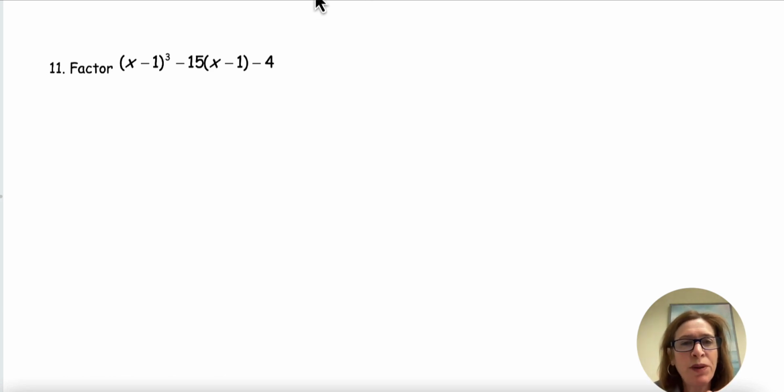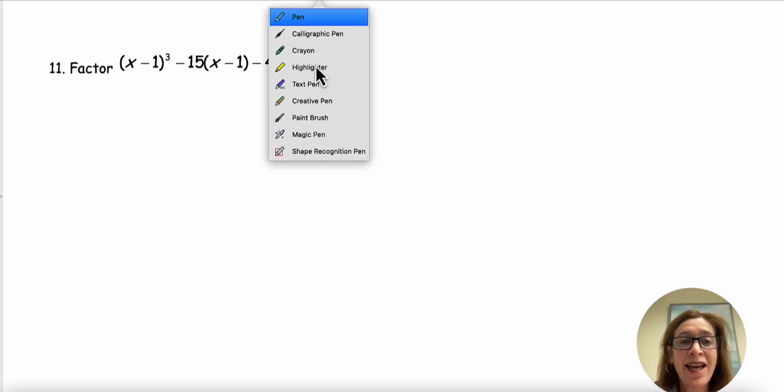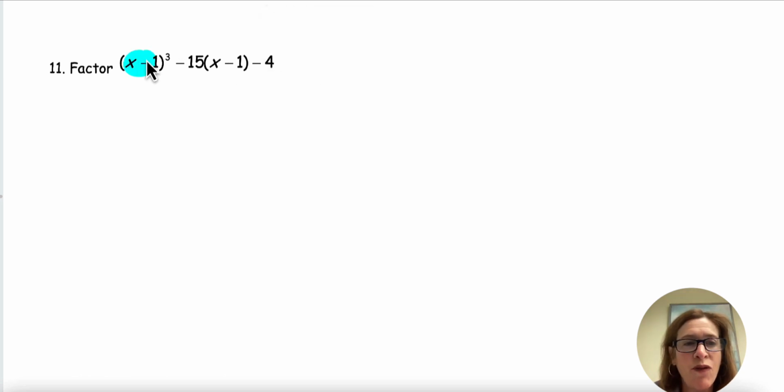Noticing and wondering is really helpful. I noticed that both of these terms had an x minus 1 in it, and I also noticed it was a trinomial. So in my mind, I was like, gosh, I wish that wasn't x minus 1. I wish it was just x. That's when I say to myself, oh, maybe U substitution can help me. So I'm going to use it.